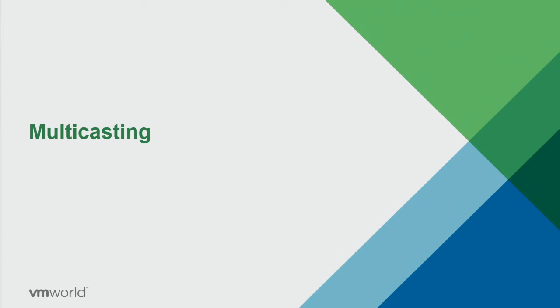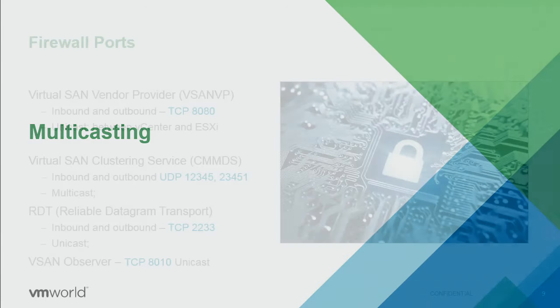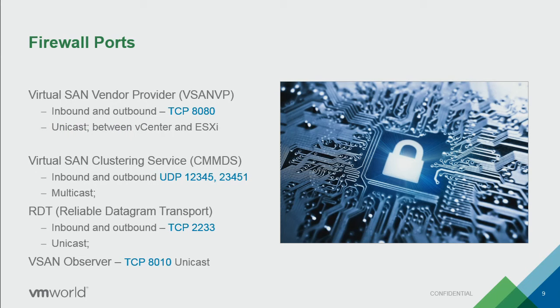So let's talk about how multicasting works, and then I'll pass that. You know what? Before we do that, just one thing I wanted to point out, and you said this, and I want to reinforce it because I think it's going to be important for your troubleshooting efforts. Those port numbers are necessary. Now, you normally won't have to configure a firewall to open these because you're talking between ESX and vCenter and ESX and ESX, and there's typically not a firewall in the way.